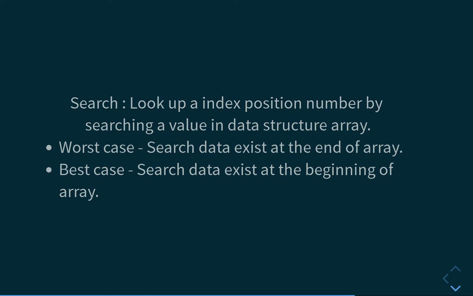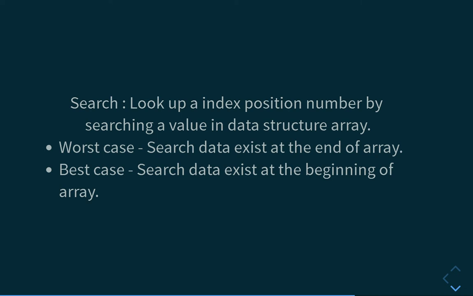And for search, index positions are not given, but the value is. We have to search by value, and we have to return the index position of that value. So very opposite from reading.